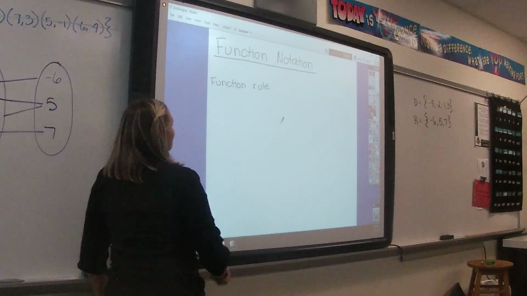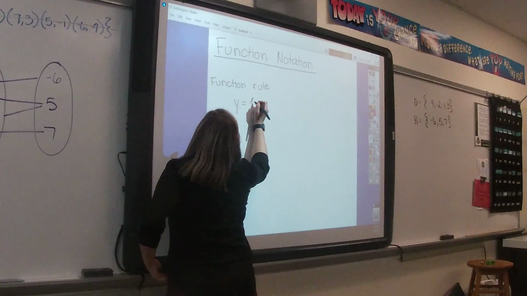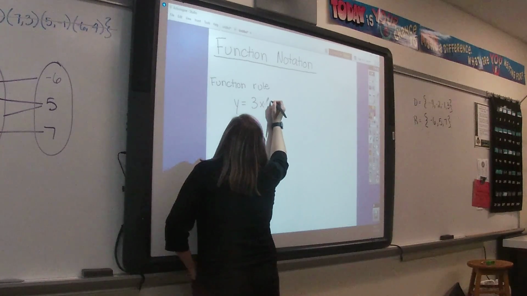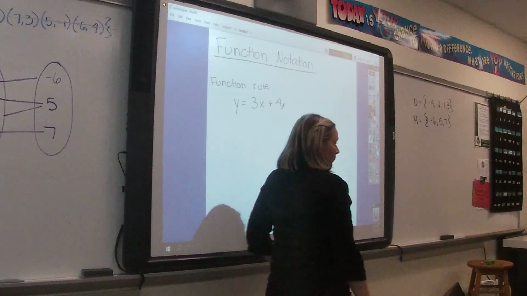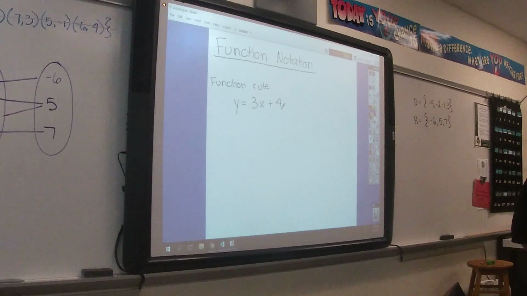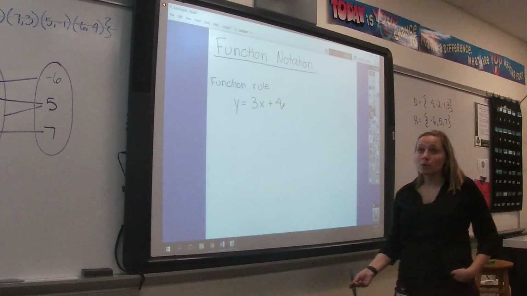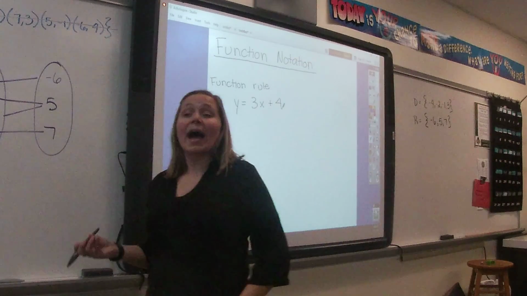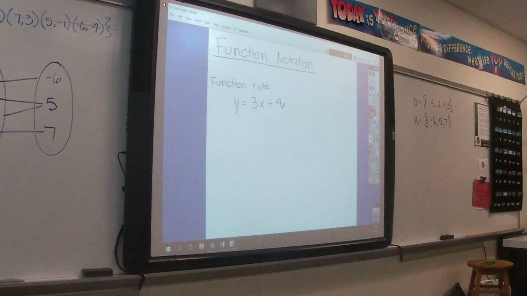A function rule is something like y equals 3x plus 4. It gives us enough information that allows us to create a table, create a mapping, create ordered pairs, plot those ordered pairs, without us needing to write them down.